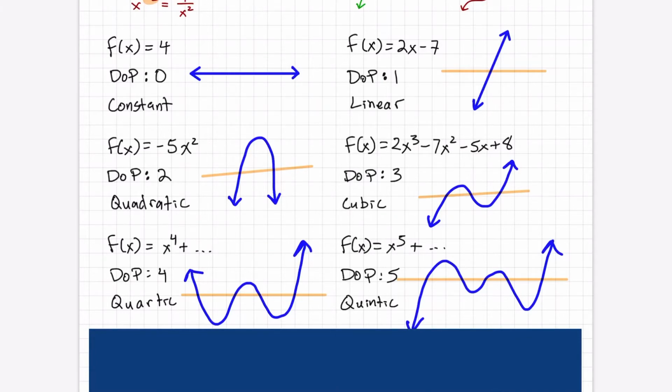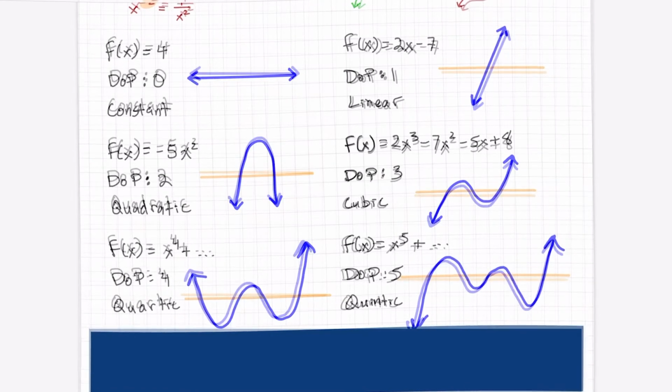What is the most number of times that this horizontal line could touch or cross these particular functions? Well, with this linear function, no matter where I move this line, it's just going to touch once. With this quadratic, which didn't end up very horizontal, let me fix that. There we go.